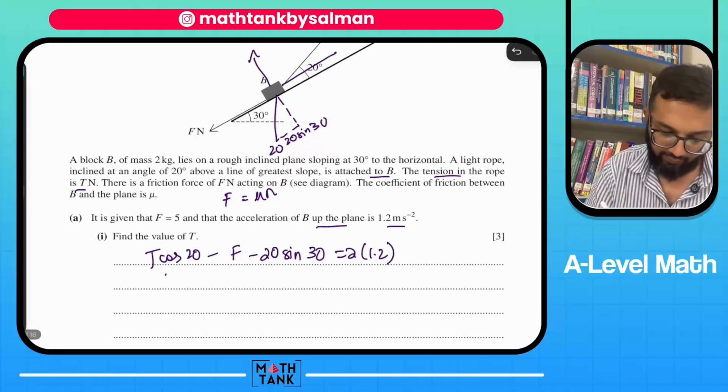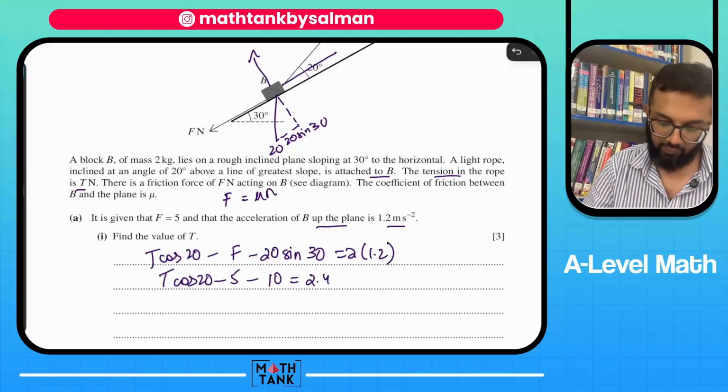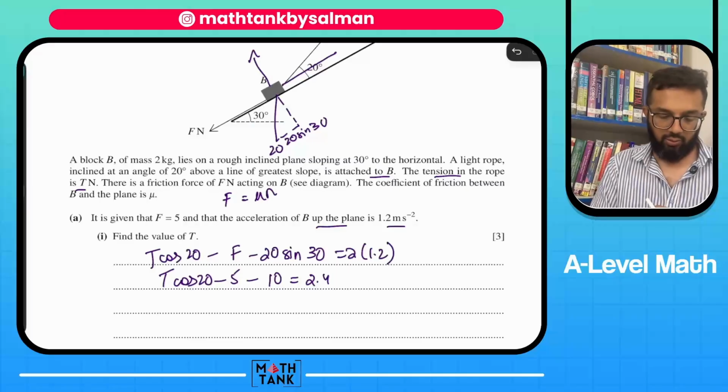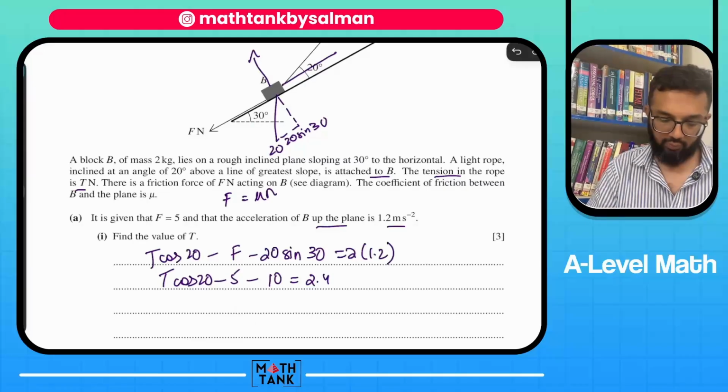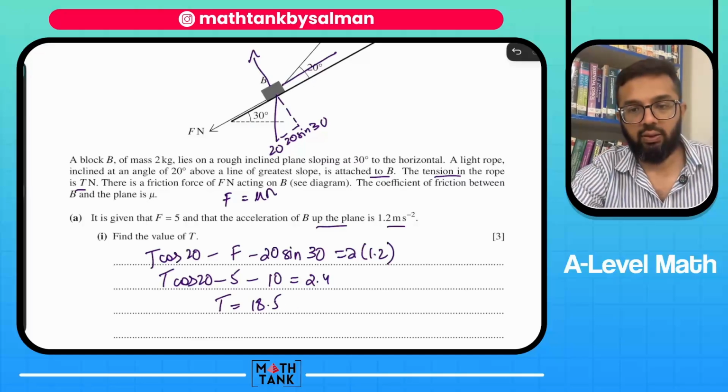So F is 5 in this case. T is 18.5. Find the value of T. The value of T is 18.5.